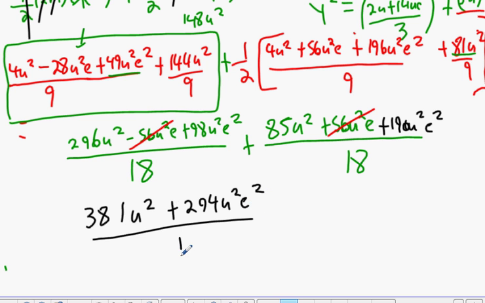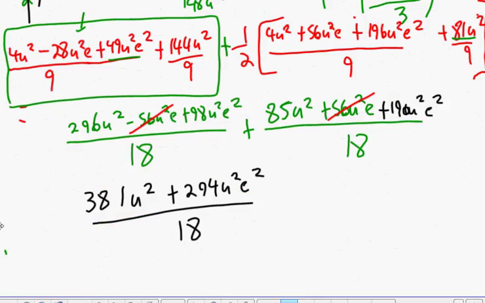All over 18 equals 25u squared. Now, what can we say about those u squareds? 18 times 25, anybody? 450? Multiply 20 by 25, then take away your 50.